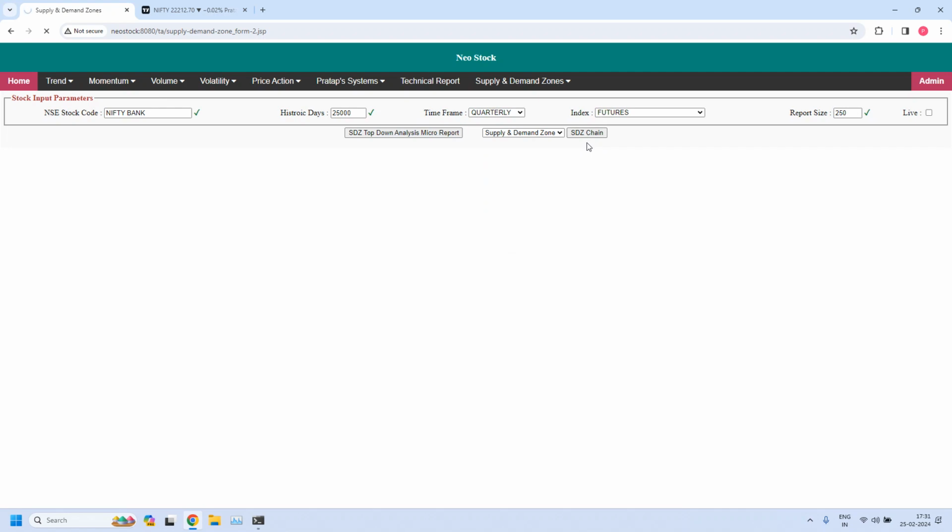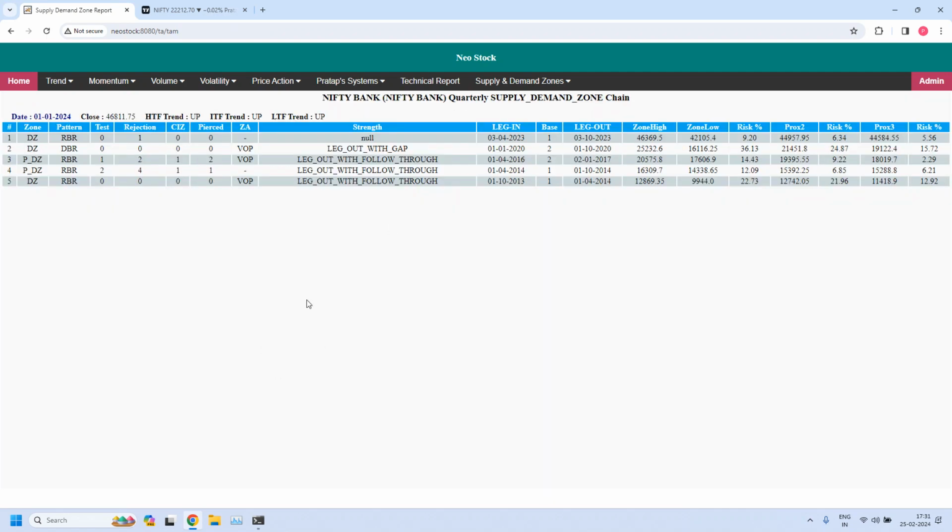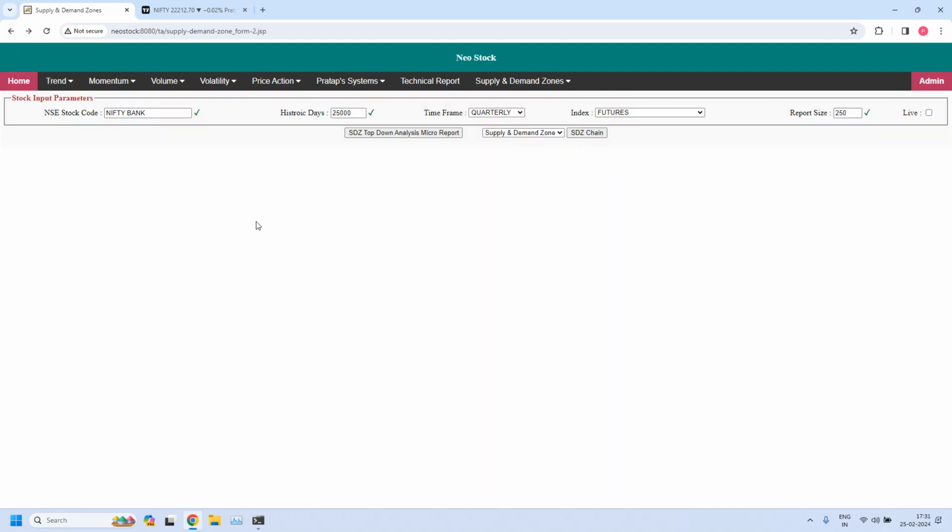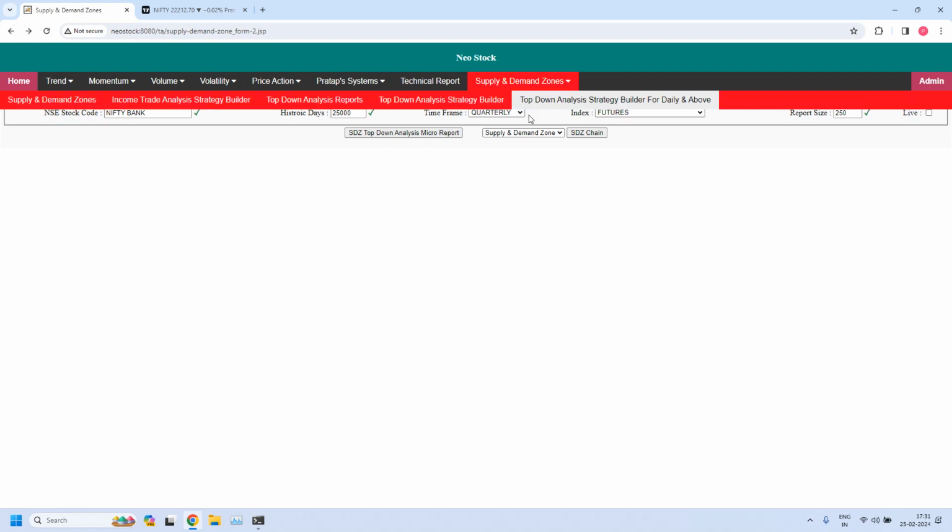Let me show you the zones. These are the quarterly zones. I think this is a fresh zone created. That's why zone strength is not yet identified. And let me go back. Pause the video and then you study.